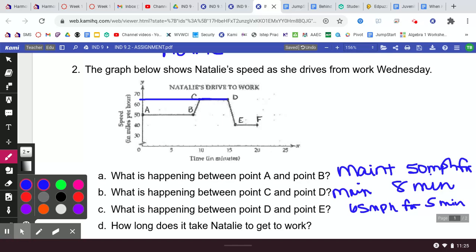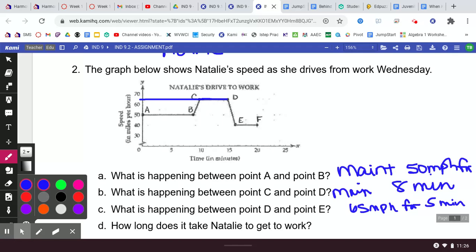Okay? Good. What is happening between point D and E? Taylor? Say it a little bit louder, hon. I'm sorry. Right. She slowed down, and you can put from 65 to 40, or you can put slowed down by 25 miles per hour.